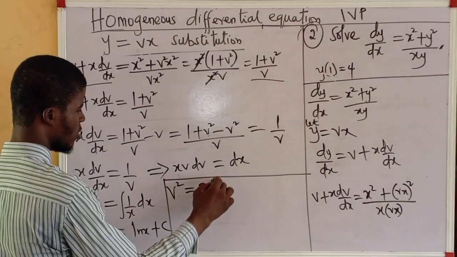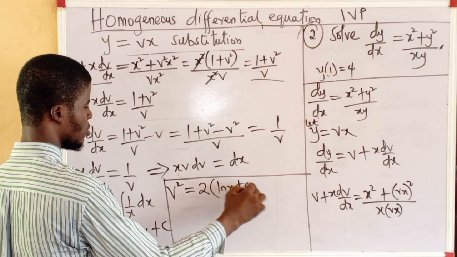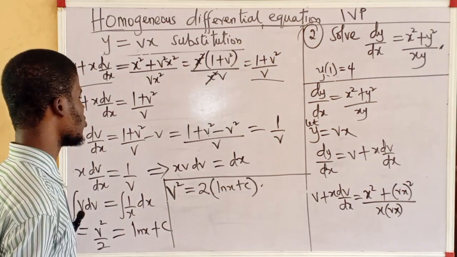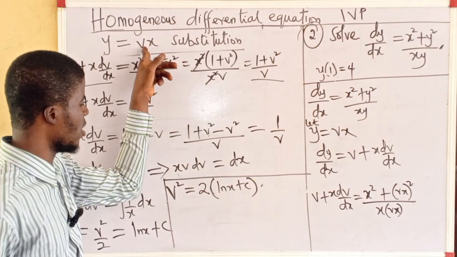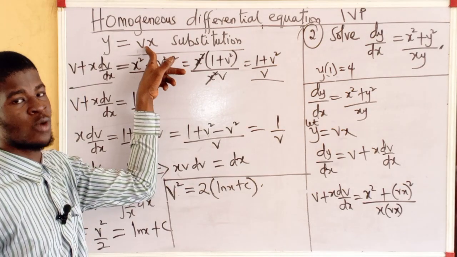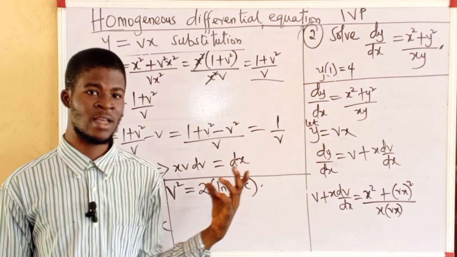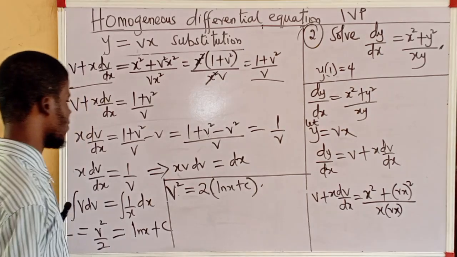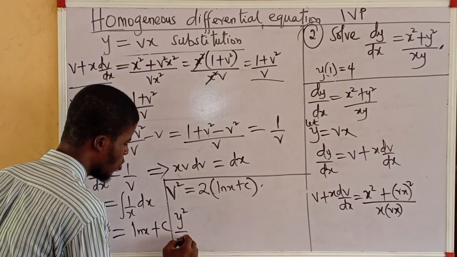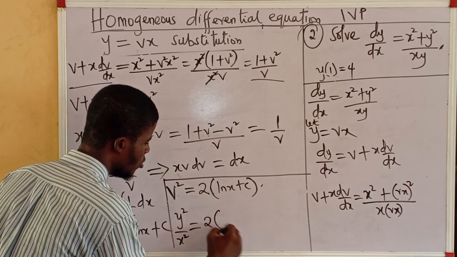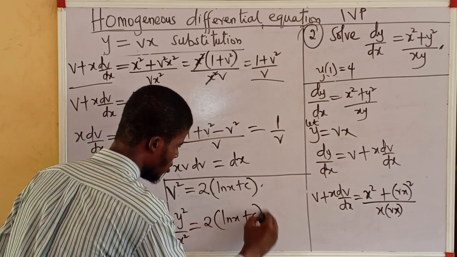That's 2 into ln x plus c. Remember that we said let y be equal to vx, from which v is equal to y over x. I did that earlier. So in place of v now, I want to write y over x. So we have y squared over x squared equal to 2 into ln x plus c.